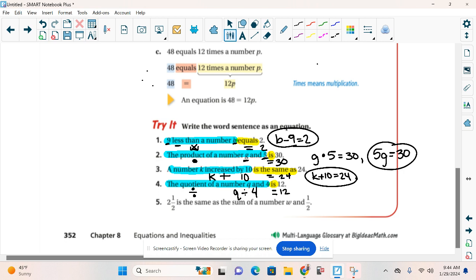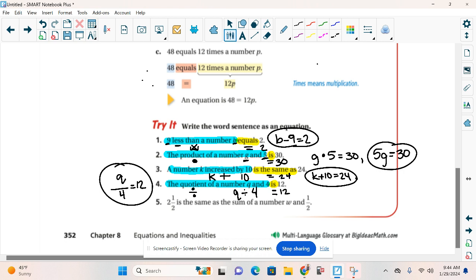So we could see it as Q divided by 4 equals 12. Because they want to trick you and make you think math is complicated, they're probably going to give you it in this form to try and test to see if you know that. Okay? Q is 48.